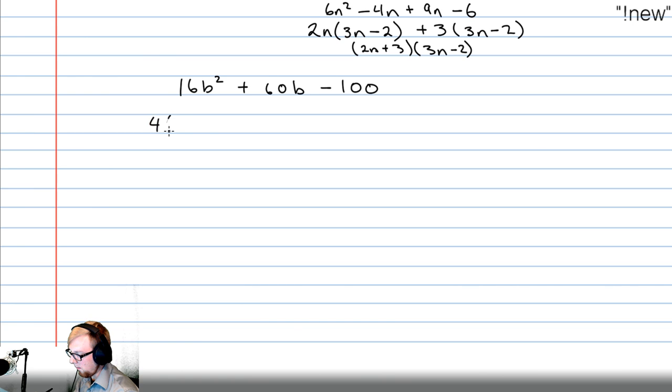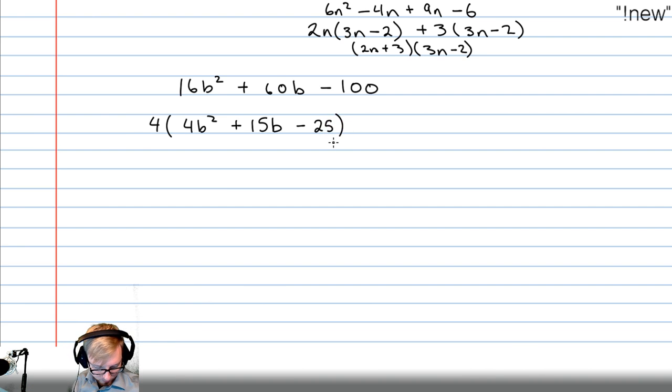So it would be 4b squared plus 15b minus 25. Nice. And I think that's it. So 4 times negative 25 is negative 100, and it has to equal 15.